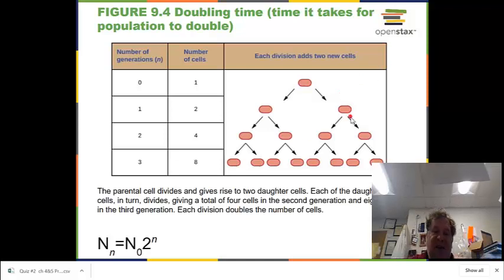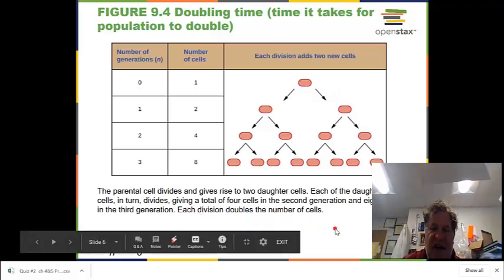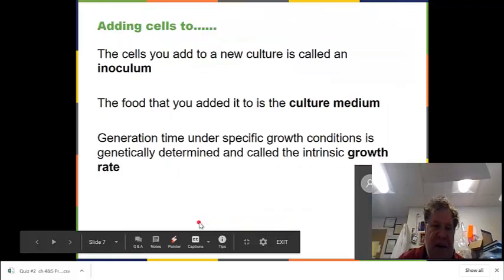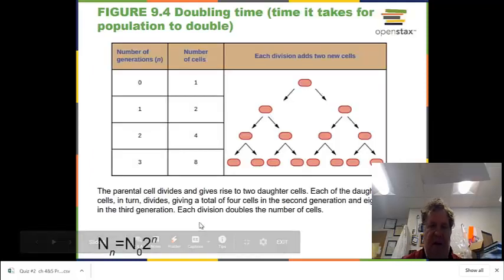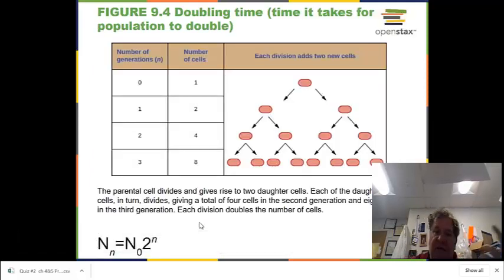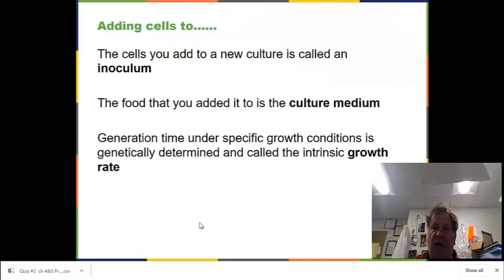The equation for this, on the lower right-hand side, is that the number of individuals in a population is equal to the number of individuals that you started with times 2 to the nth power. So it goes 2, 4, 8, 16, 32, 64, and so on. That's called exponential growth, adding cells to this.